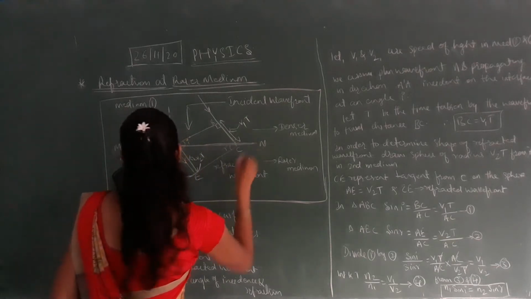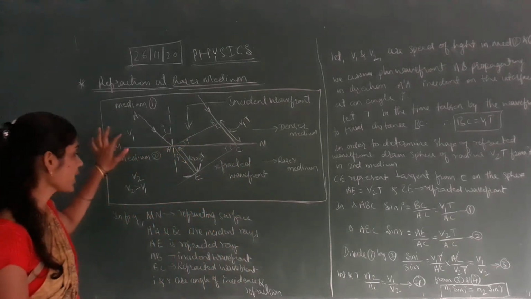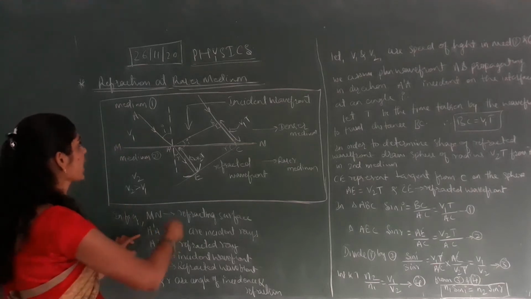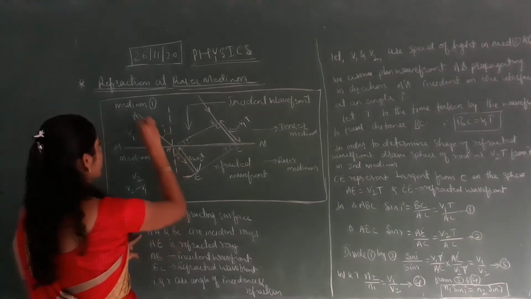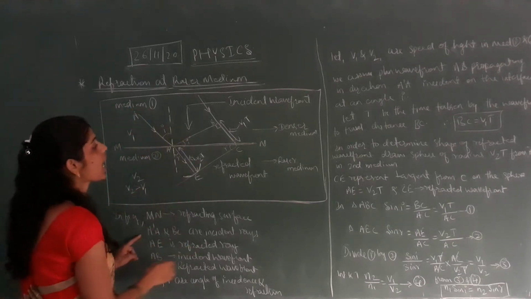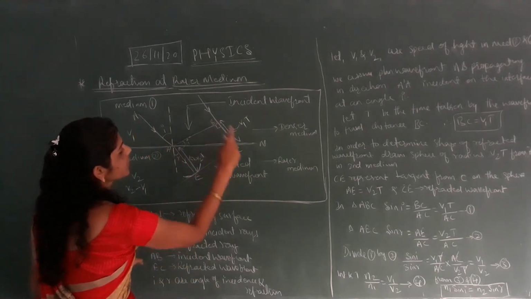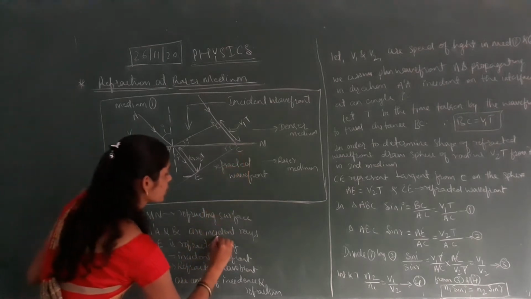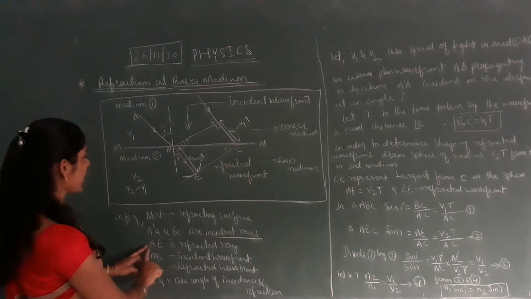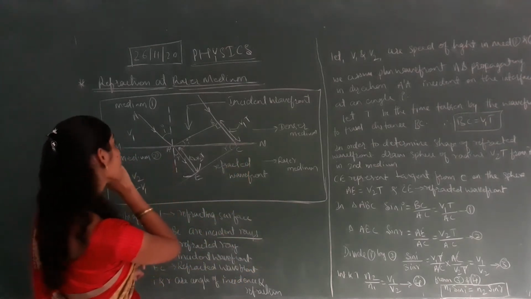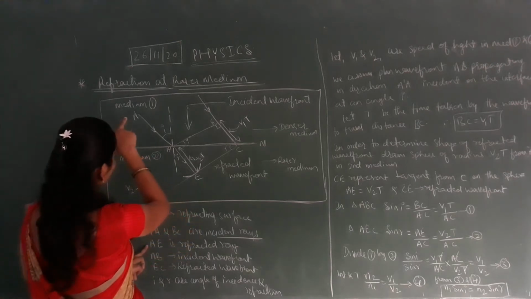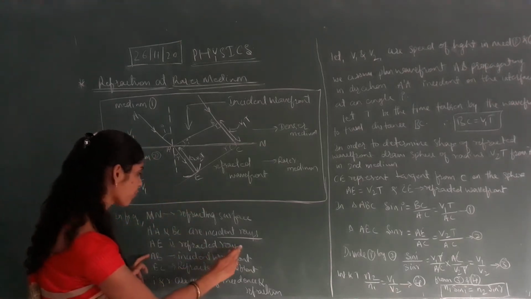MN is the refracting surface in the diagram. A'A and BC are the incident rays, and AE is the refracted ray.